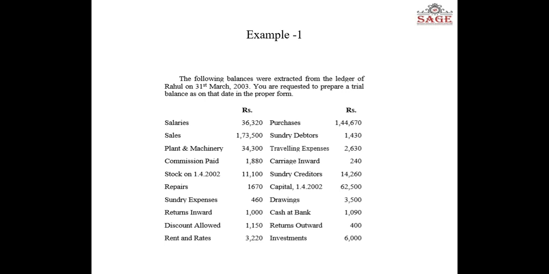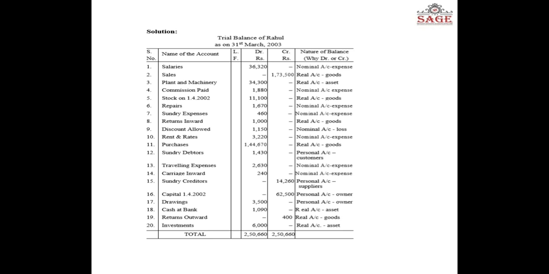Now I have entered all the balances: salary, sales, plant, machinery, commission paid, stock. Every balance I have transferred and written here. You have to write all the balances here.